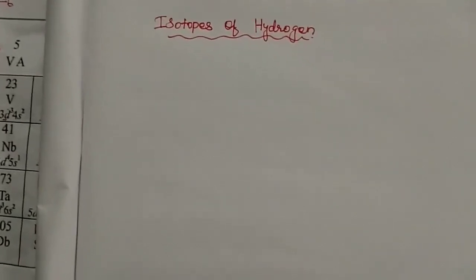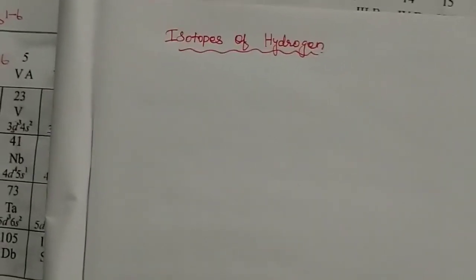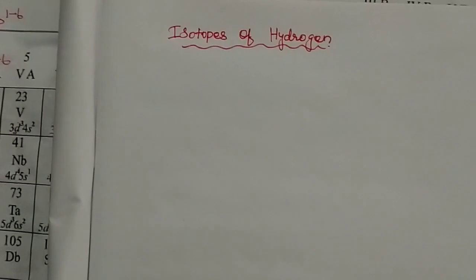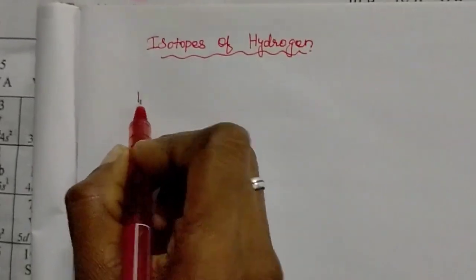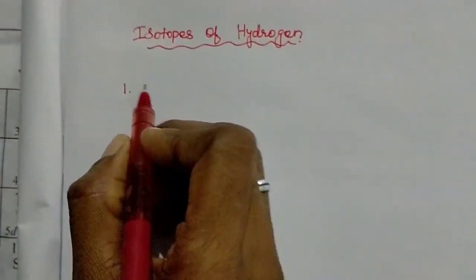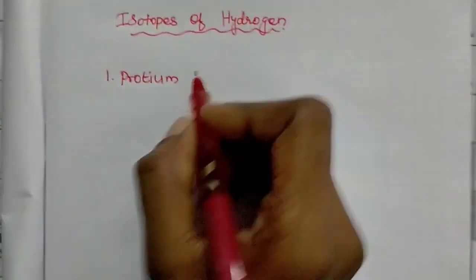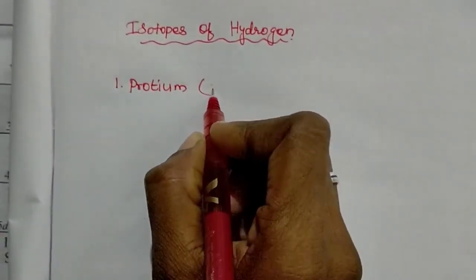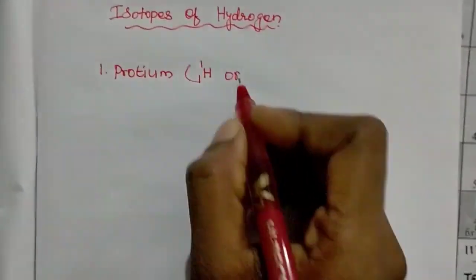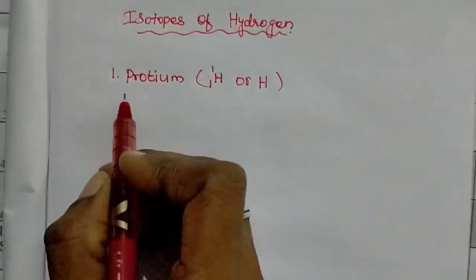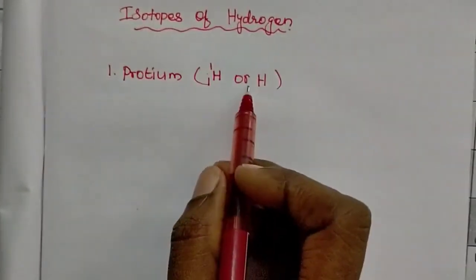One is a naturally occurring isotope and the other two are chemically occurring, or laboratory-prepared, isotopes. The first isotope of hydrogen is protium. Protium is denoted as 1H1, or otherwise simply as hydrogen, H.